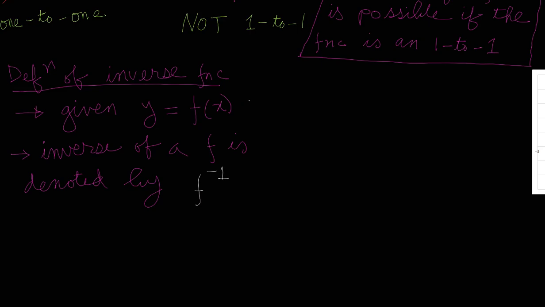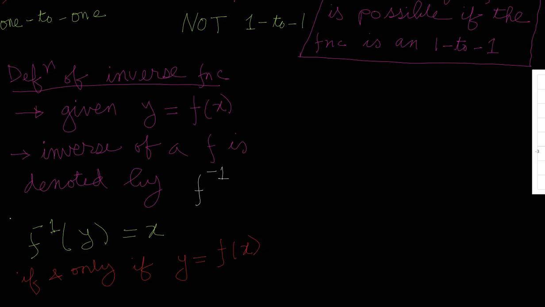Given y equals f of x, the inverse of the function, which is f superscript -1, evaluated at y is going to be equal to x if and only if y equals f of x. So this is the definition.